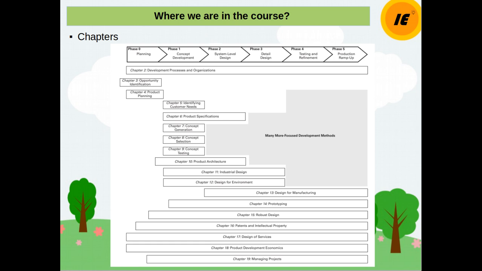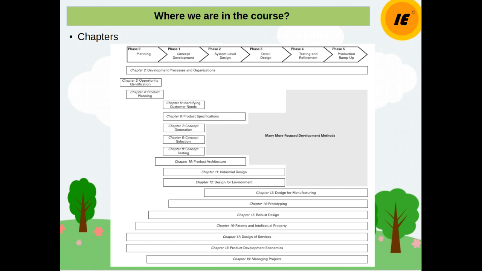Now chapter 2, which we discussed in the second video, gives a glimpse of every phase, and after that all the chapters are divided roughly into these phases. Chapter 3, opportunity identification, is something we discussed extensively in the last 3 or 4 videos.